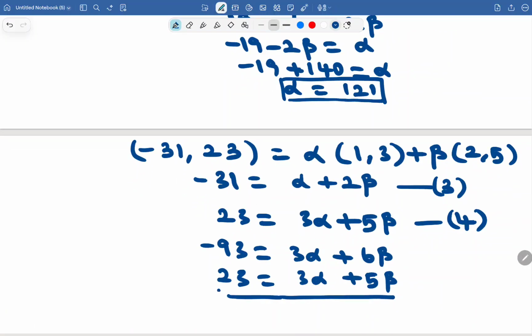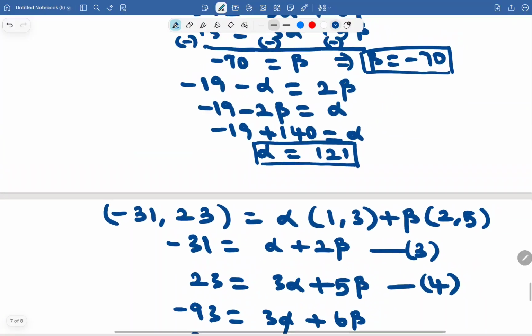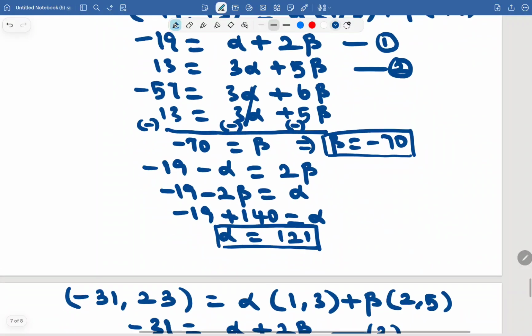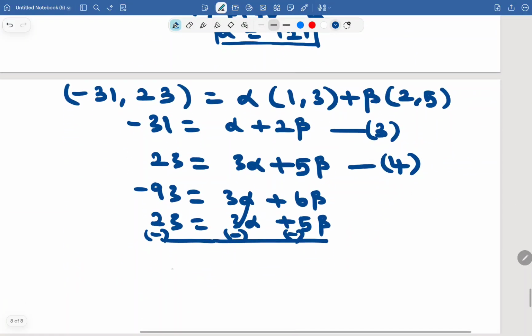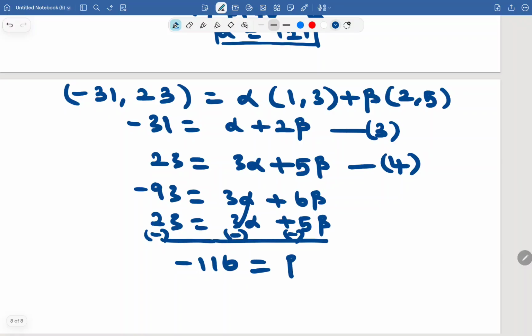After solving, -93 minus 23 gives -116, which is equivalent to beta.